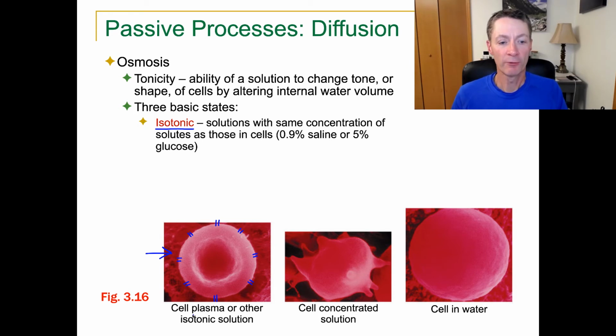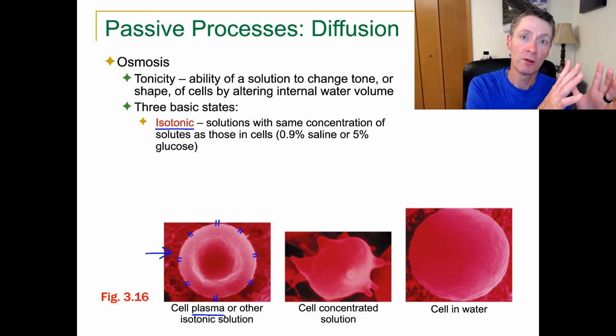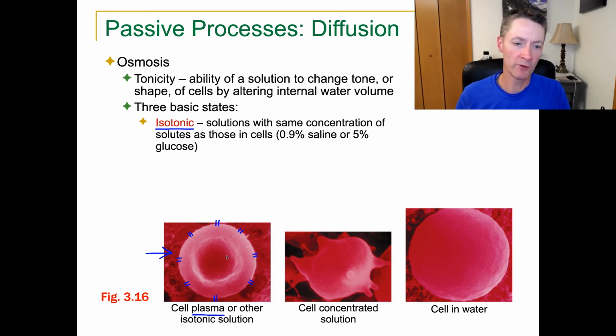And in fact, if we look at the plasma, the liquid components outside of our red blood cells in our blood, plasma is indeed isotonic. The concentration of all the things in the plasma is roughly equal to the concentration of all the things in our red blood cells. And hence, our red blood cells look like this.